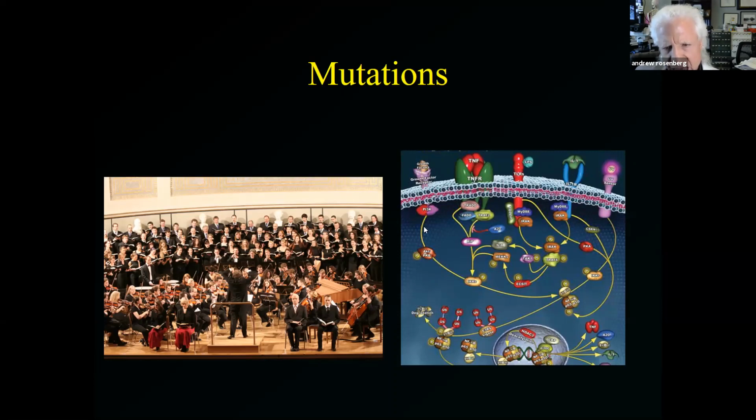And in a cell, all of these genes are producing molecules that work together, forming these complicated pathways to produce the substances that our individual cells need. And once the mutation occurs, these cell processes are abnormal.